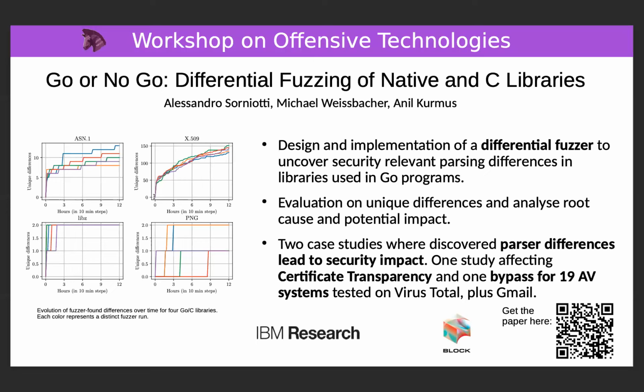I have 2 questions, actually. The first question is, did you use in-process fuzzing for comparing Go and C libraries? Yes. Okay. And you did this via... So we based it on GoFuzz. GoFuzz is the native Go way of fuzzing Go programs.